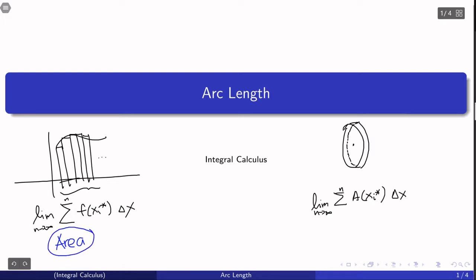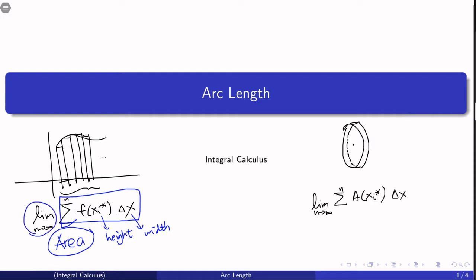We know that we can compute the exact area under the curve of a given function by first approximating it as this Riemann sum of n areas of rectangles, where you're multiplying the height of each rectangle by the width, which is this fixed delta x. And as you take the limit as n goes to infinity, these rectangles get thinner and thinner, and you're basically accumulating all these infinitely thin line segments to get your area.